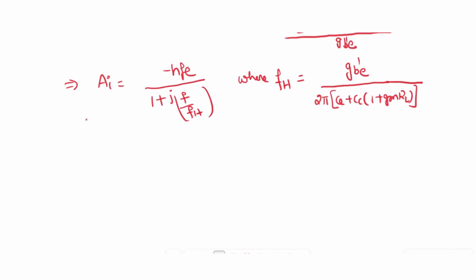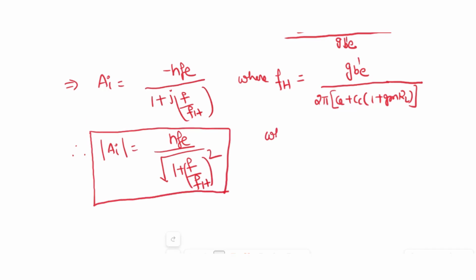Therefore, mod AI is HFE by root 1 plus F by FH whole square.